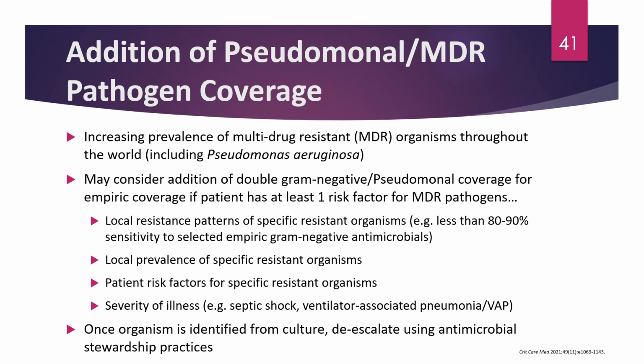Additionally, there are some recommendations in pneumonia guidelines regarding ventilator-associated pneumonias where you might actually have to double cover for those. The recommendations are not necessarily the strongest recommendations that are out there, but these are recommendations that can potentially save lives. Once the organism is identified from a culture, we always want to de-escalate using typical antimicrobial stewardship practices.